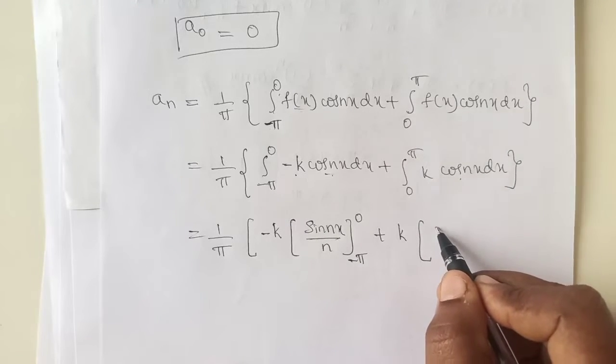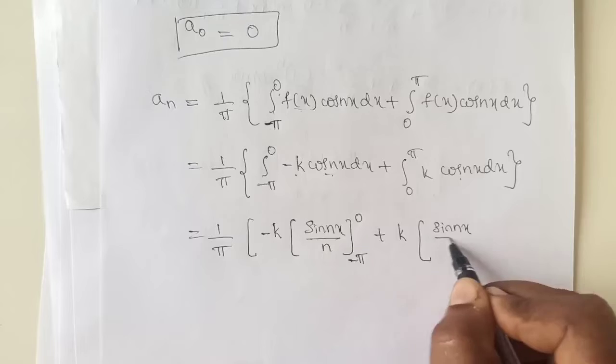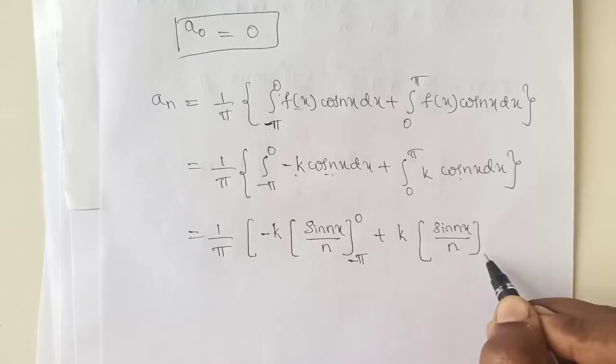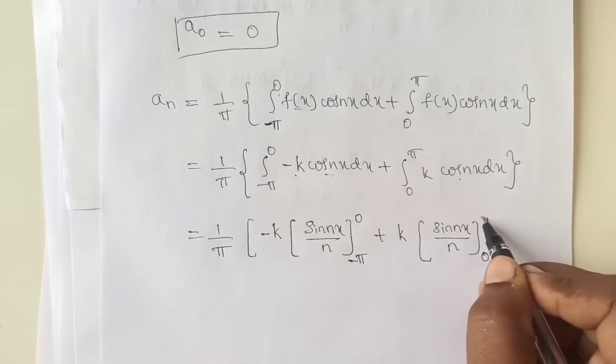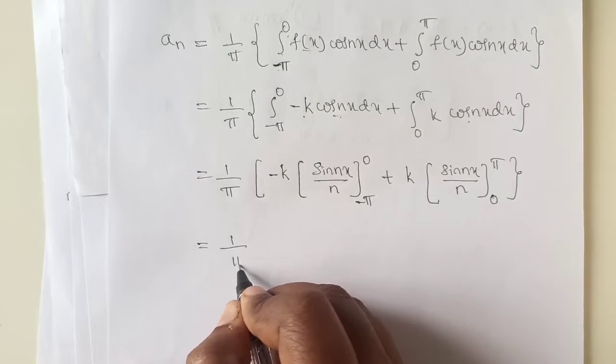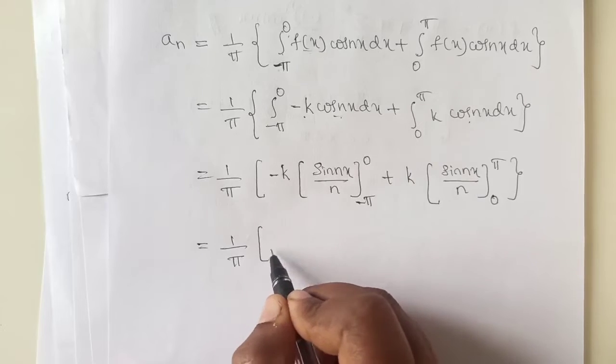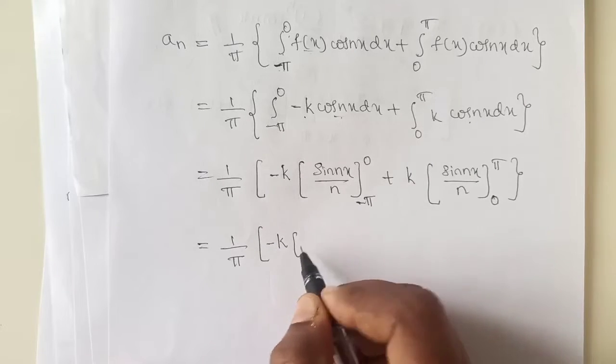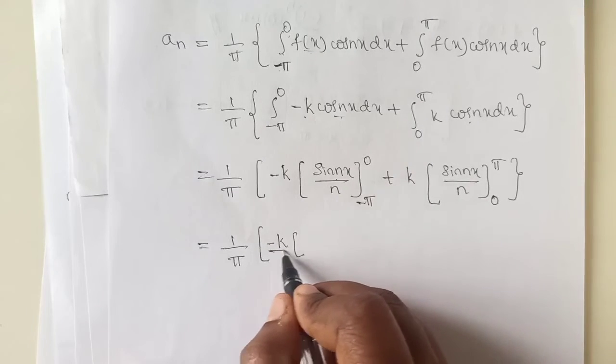Cos nx integration is sin nx divided by n, limits are 0 to pi. So applying limits, that is evaluating limits, we get pi minus k. So here n can be taken outside.